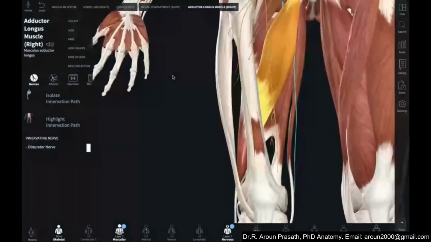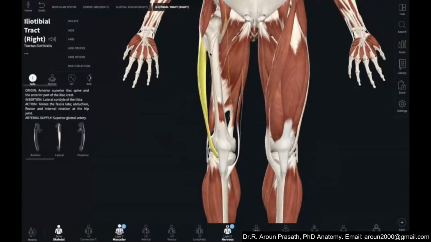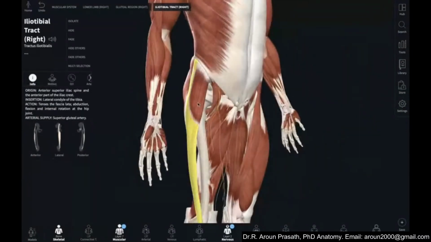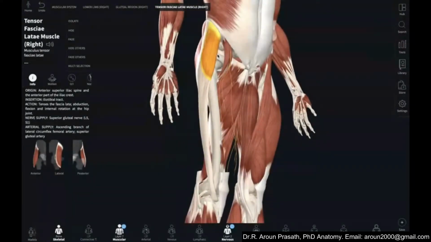Okay, now in the lateral aspect there is the muscle called the tensor fascia lata. What is the tensor fascia lata? This muscle originates in the iliac crest here.